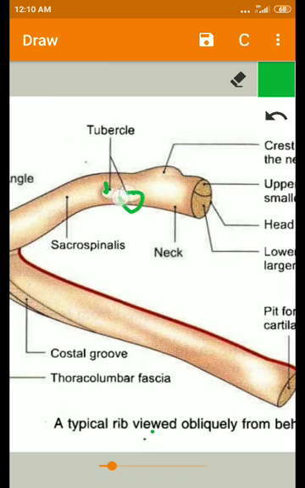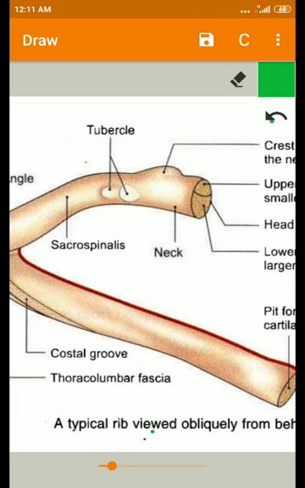The medial articular part articulates with the transverse process of the numerically corresponding vertebra. The lateral non-articular part gives attachment to the lateral costotransverse ligament. So the tubercle articulates with the transverse process, forming the costotransverse joint, and this joint is reinforced by three costotransverse ligaments.